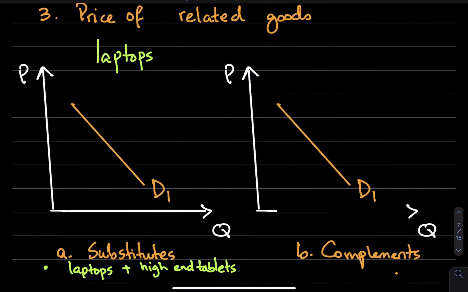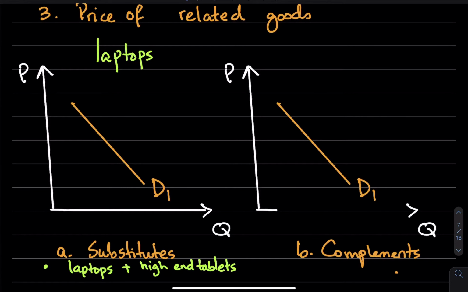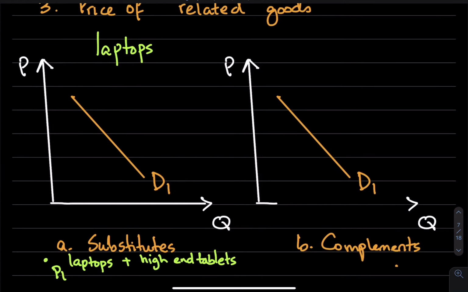If laptops became more expensive, so if the price of laptops went up relative to the high-end tablets, so laptops are more expensive than high-end tablets. If that were to happen, you would switch to high-end tablets, and what would happen here?